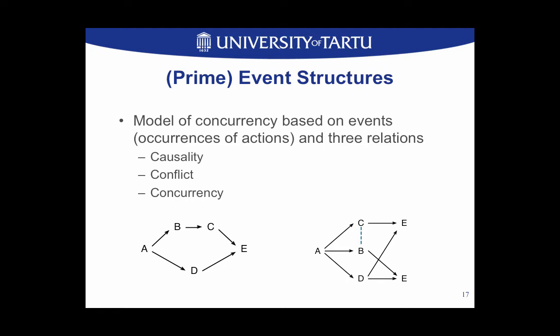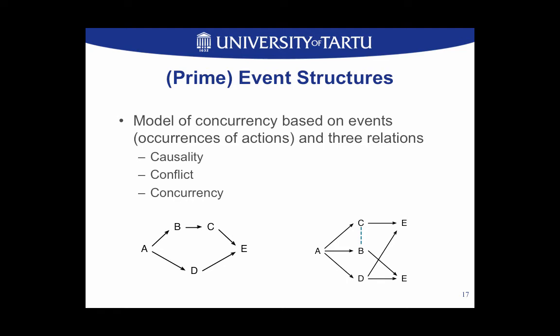Causality, like for example here I'm saying that A is a cause of B, so this occurrence of B must be preceded by A. Causality is transitive, but to keep it simple, I do not show all the causal dependencies, I only show the transitive reduction of the causality relation. The second type of relation is conflict, meaning that if this event C occurs in this configuration, in this state, then B can no longer occur, and vice versa.